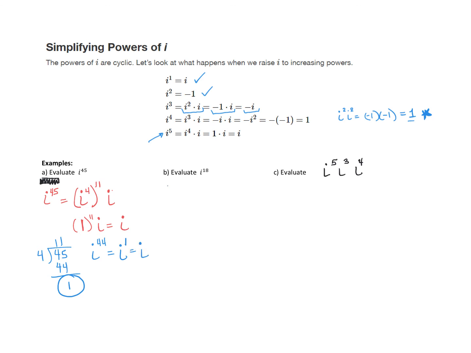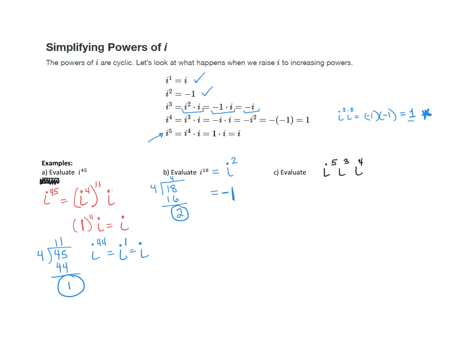So similarly, if I divide 18 by 4, I'll get 4, which is 16, and the remainder is 2. So i to the 18th is the same as i squared, which is -1.